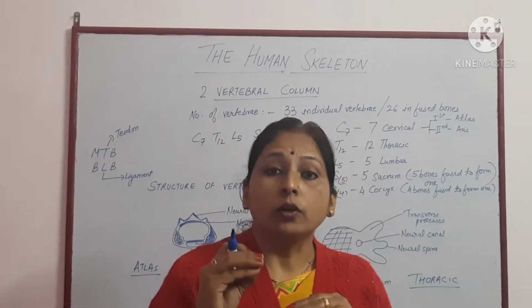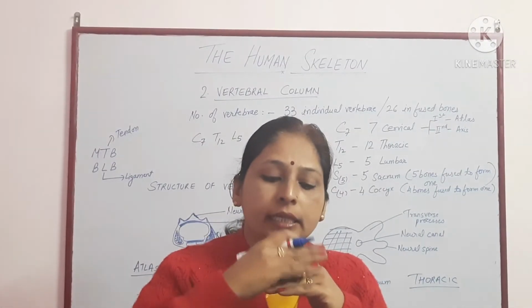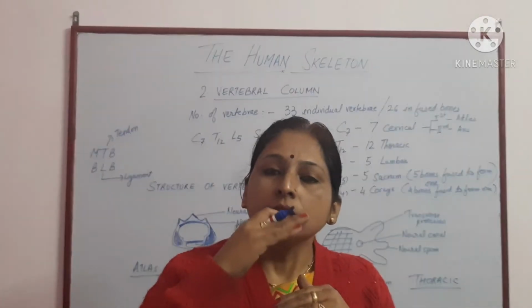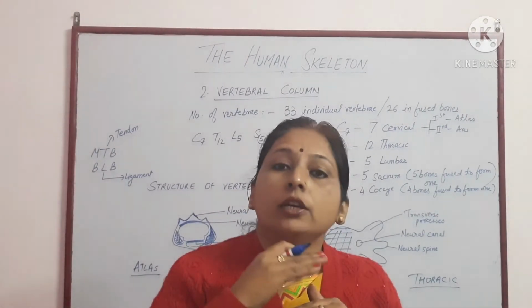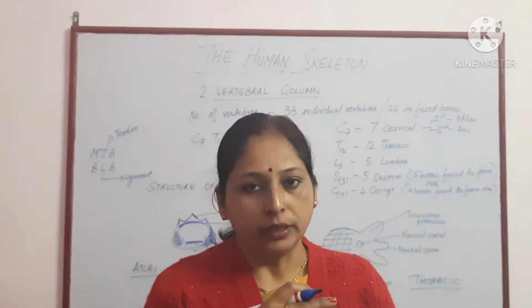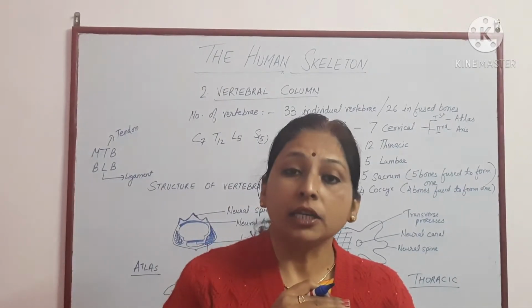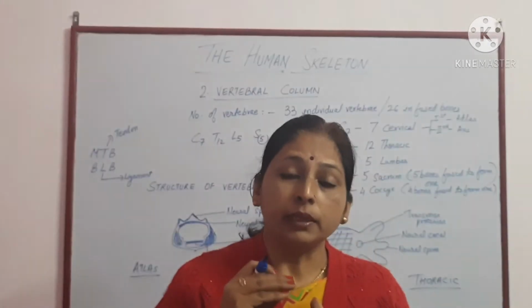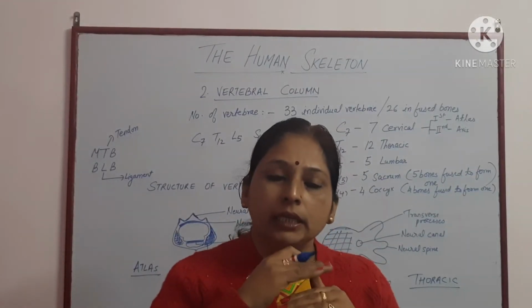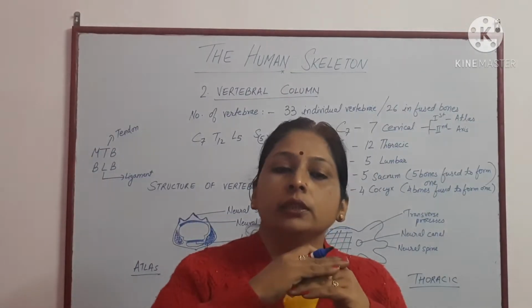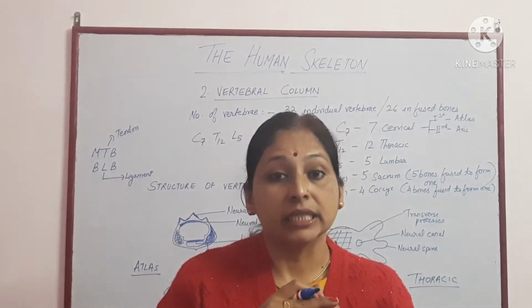This structure is of cartilage to provide proper articulation and avoid friction between the vertebra. A little bit of movement is possible because the vertebral column is partially movable, so that movement is provided by the cushion between the two vertebra, that is gristle.